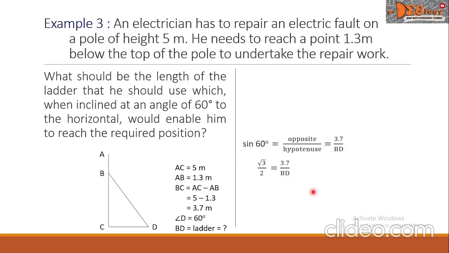Let us cross multiply and get the value of BD. So that will be 3.7 times 2 all over square root of 3. When we simplify this, we have 4.27 meters. This is the length of the ladder.